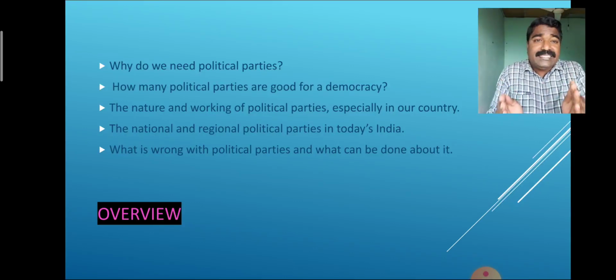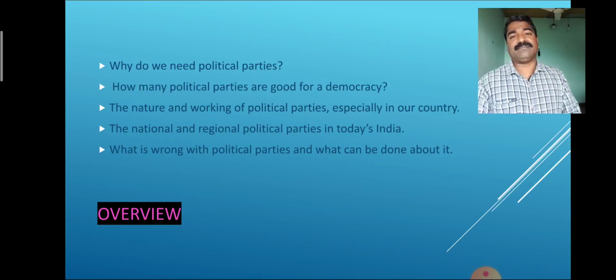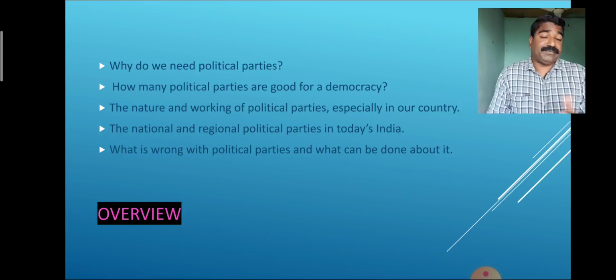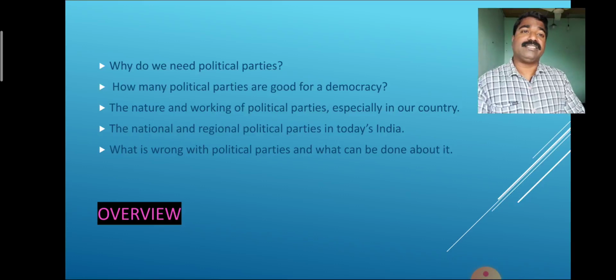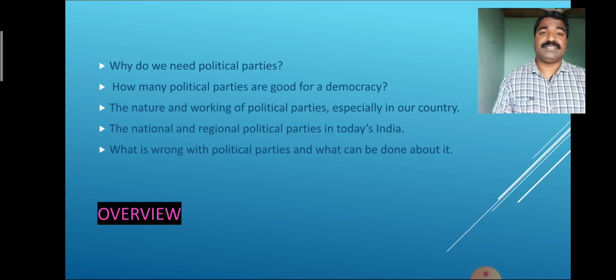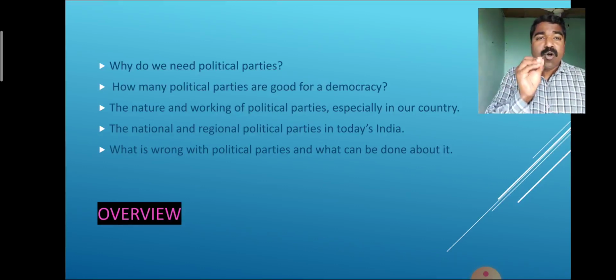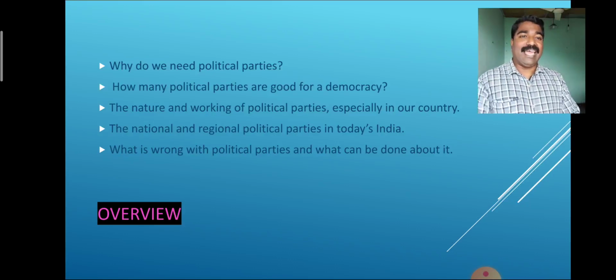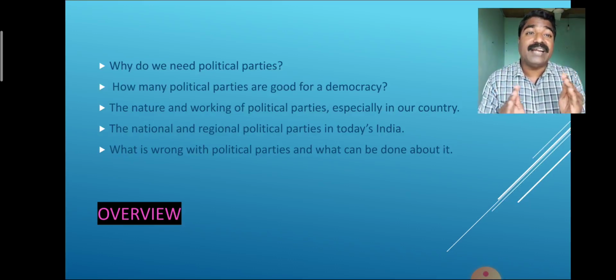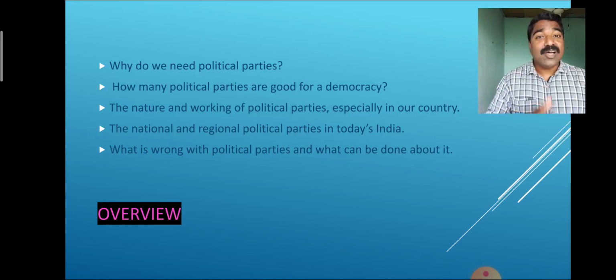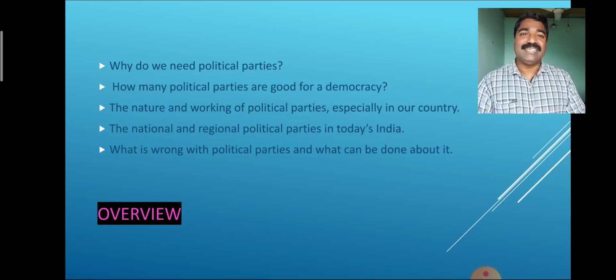Then the nature and working of political parties, especially in our country. The national and regional parties in today's India. Then what is wrong with political parties and what can be done about it? This is the overview of this particular chapter.